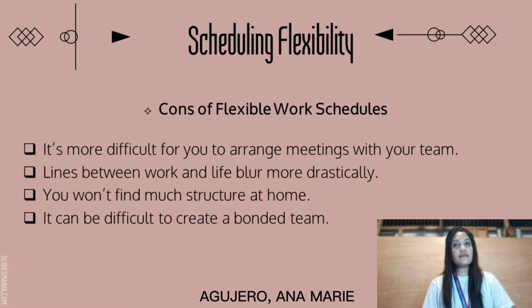The last one is that it can be difficult to create a bonded team. For example, if you've got a team that works whenever, it can be hard to pencil in time to develop an organic, authentic relationship between your team members.